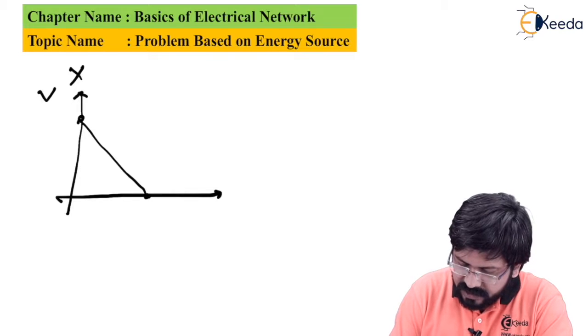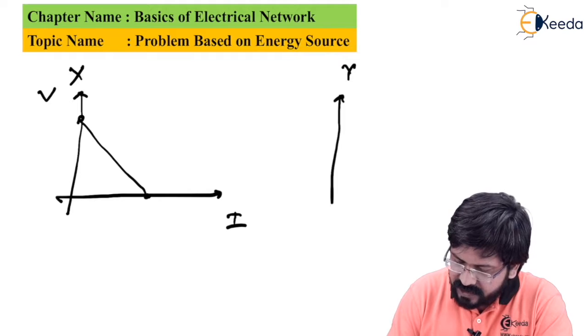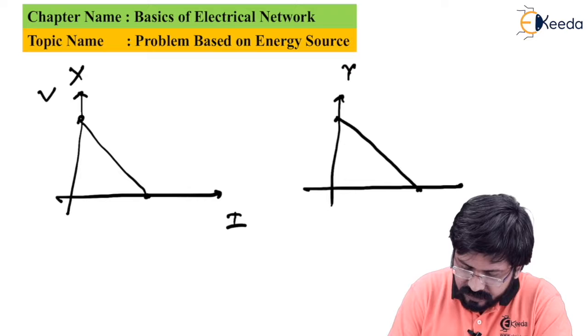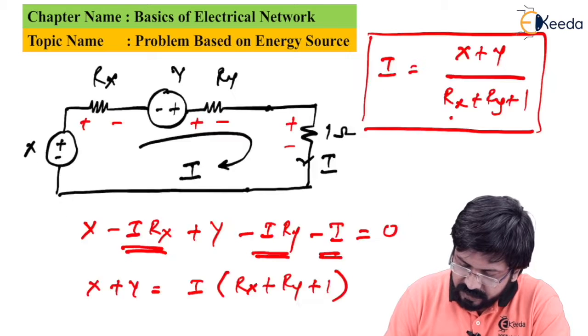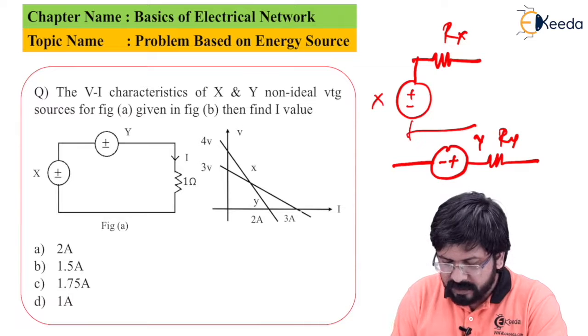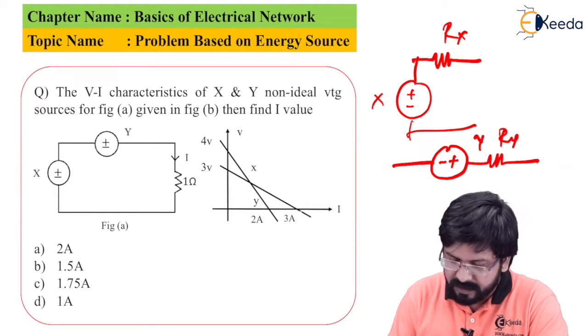This is V and this is I. And for Y also, they have provided us a characteristic like this. For X they have given 4 volt versus 2 ampere, and for Y they have given 3 volt versus 3 ampere.